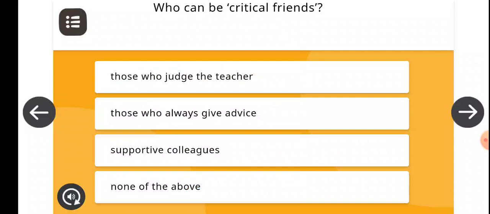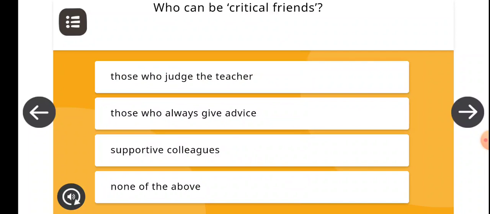Who can be critical friends? Here, before going to the options, let's find out what the meaning of critical is. Critical friend means he is there for you, who shows your positives, who addresses your negatives, who addresses your strengths, who addresses your achievements.